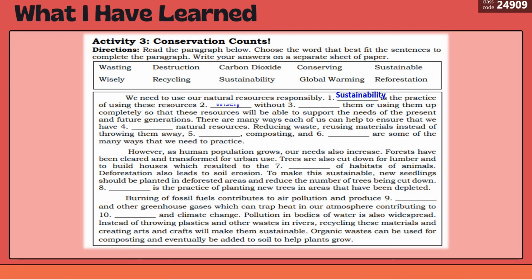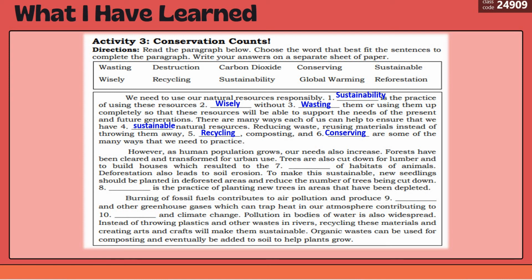The answers are wisely and wasting. Number four, there are many ways each of us can help to ensure that we have sustainable natural resources. Reducing waste, reusing materials instead of throwing them away, and recycling, composting, and conserving are some of the many ways that we need to practice.